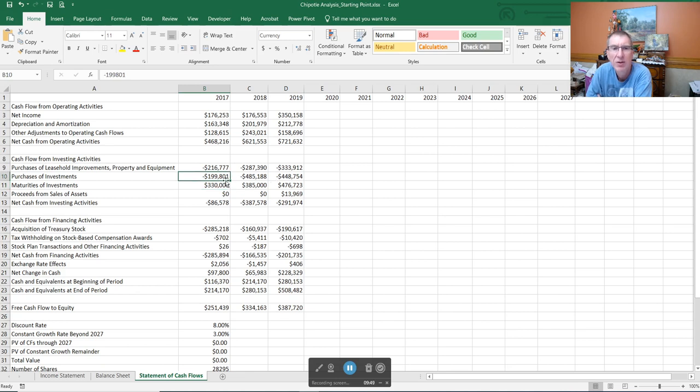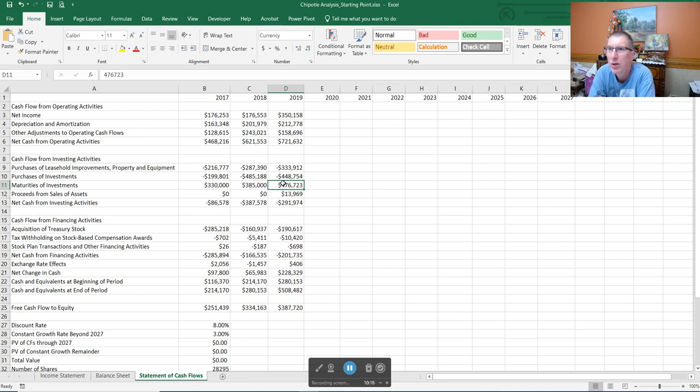One thing you'll notice is that these numbers kind of bounce around a little bit each year. But largely, and I'll talk more about this as we go through the 10-K, what those are doing is basically just serving as a way for Chipotle to set aside some money. And as those investments mature, then Chipotle can take some money out. So it's kind of like a cash substitute.